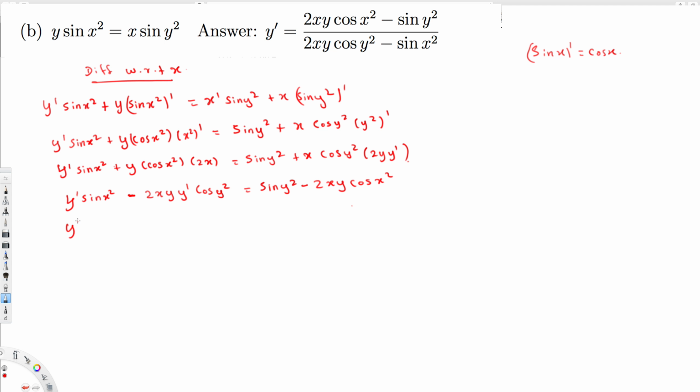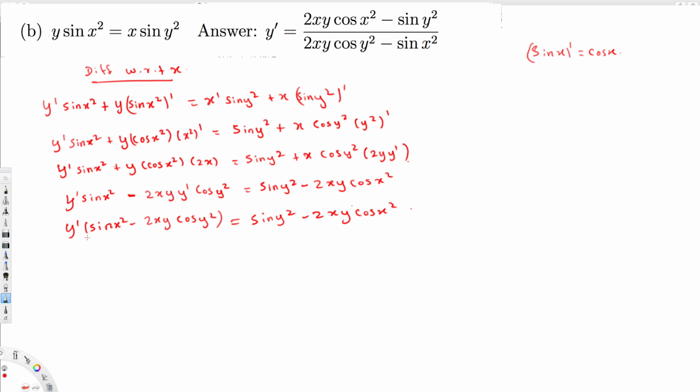If I take the y prime common, I will get y prime times sine x square minus 2xy cos y square equal to, this one is going to remain the same, we don't have to do anything: sine y square minus 2xy cos x square.